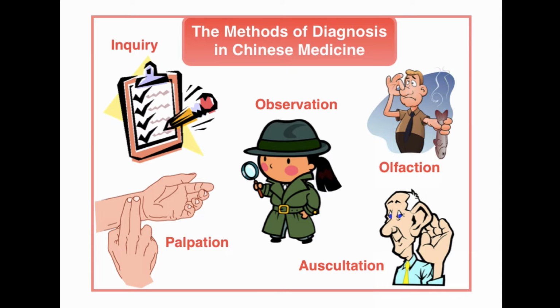And then the other one is auscultation. Auscultation is listening, right? So listening to the patient's breathing for congestion, for example, or the sound of their voice being very weak can help us in determining what may be out of balance, right? So listening, smelling, small part, but still should not be overlooked. So those are all the methods of TCM diagnosis we are going to use to be able to help a patient and treat a patient.